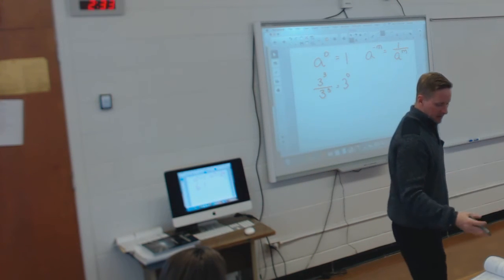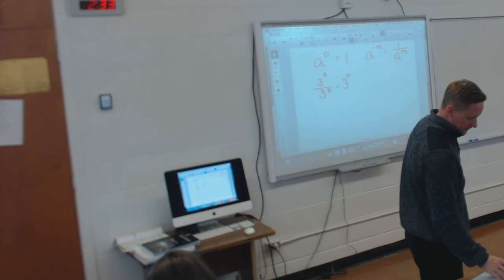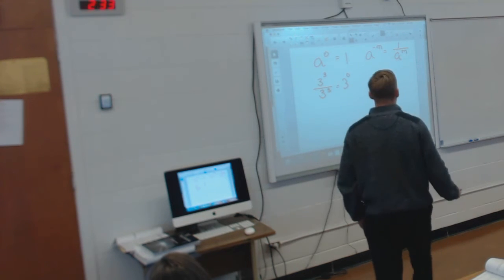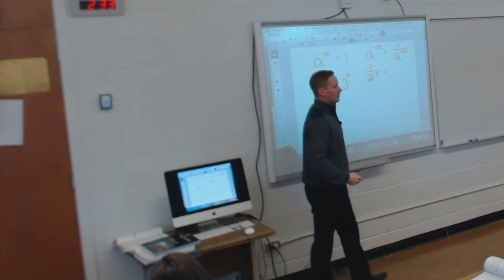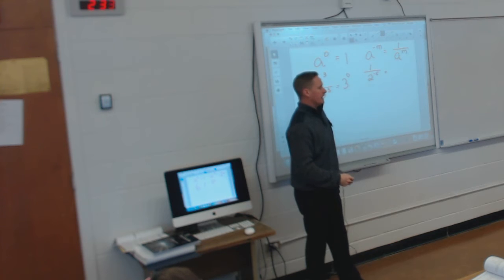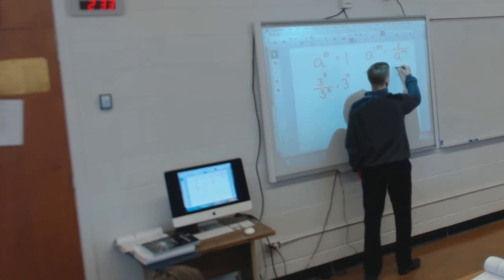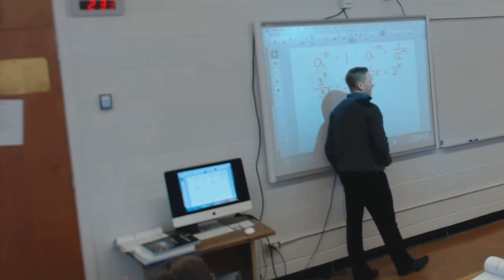Okay? So I'm going to give you a couple more examples so you can kind of see what's going on here. So if I have one over 2 to the negative 5, I can rewrite that as 2 to the 5th.